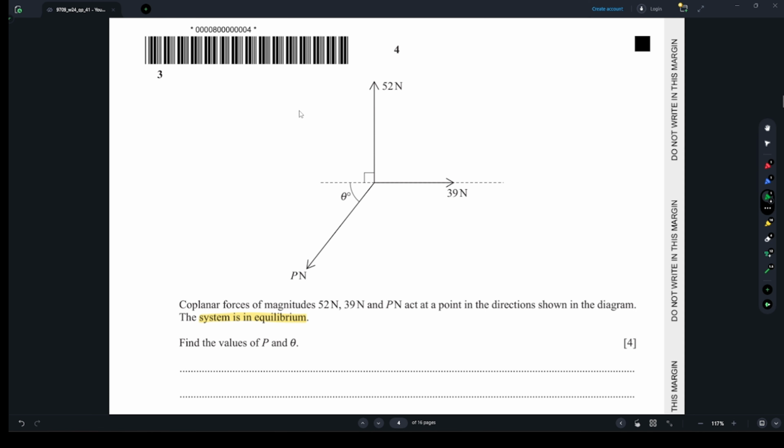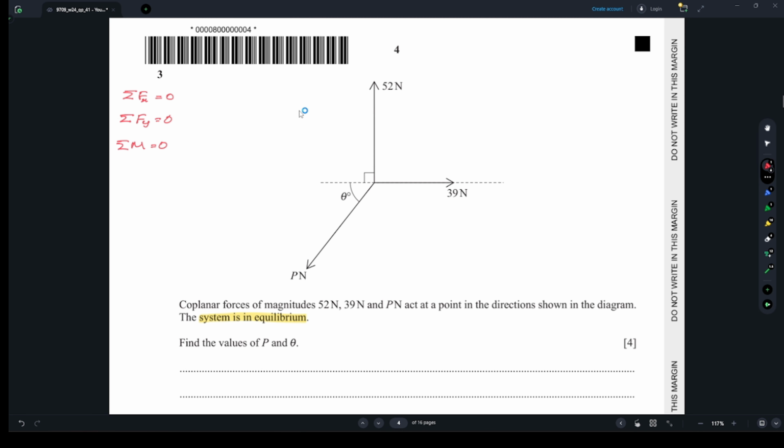If a system is in equilibrium, then the sum of the total forces in x direction is 0. The sum of all the forces in y direction is 0. And then there is another one actually: the total moment about any point of the system is 0.